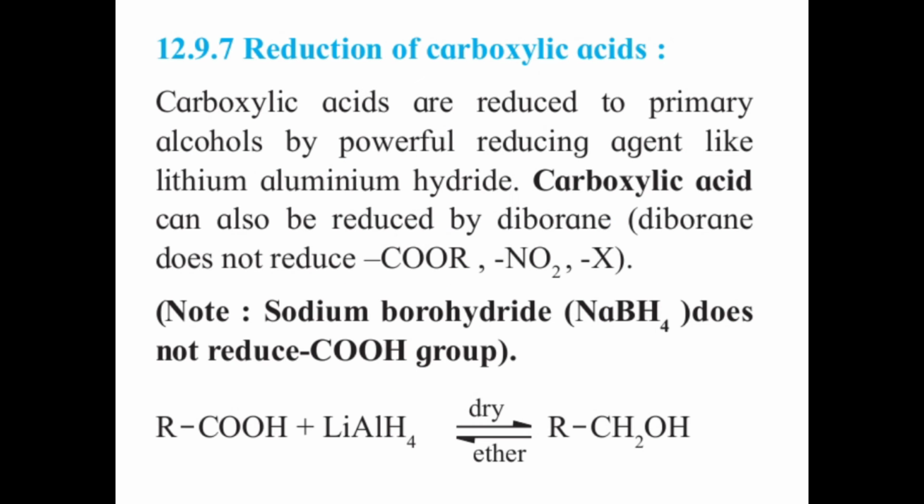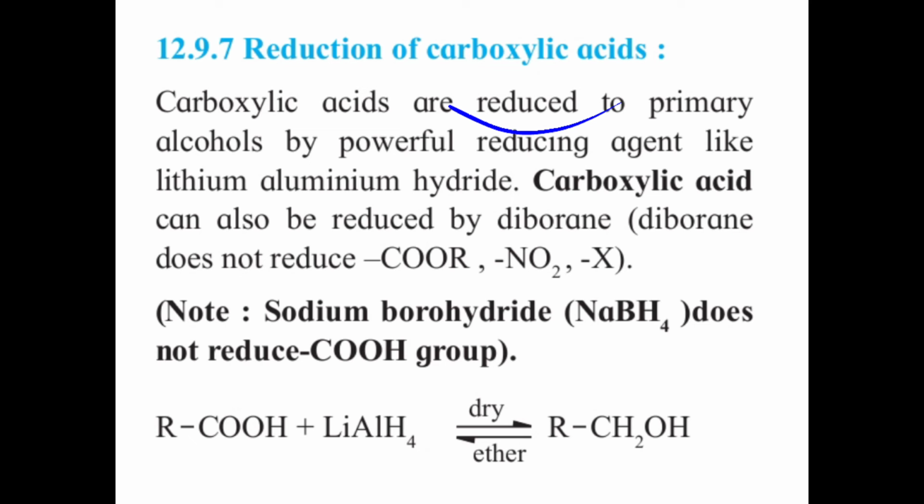Okay, so see the reduction of carboxylic acids. Carboxylic acids are reduced to primary alcohols by a powerful reducing agent like lithium aluminum hydride, LiAlH4. We have already studied this when we were doing the offline lectures.